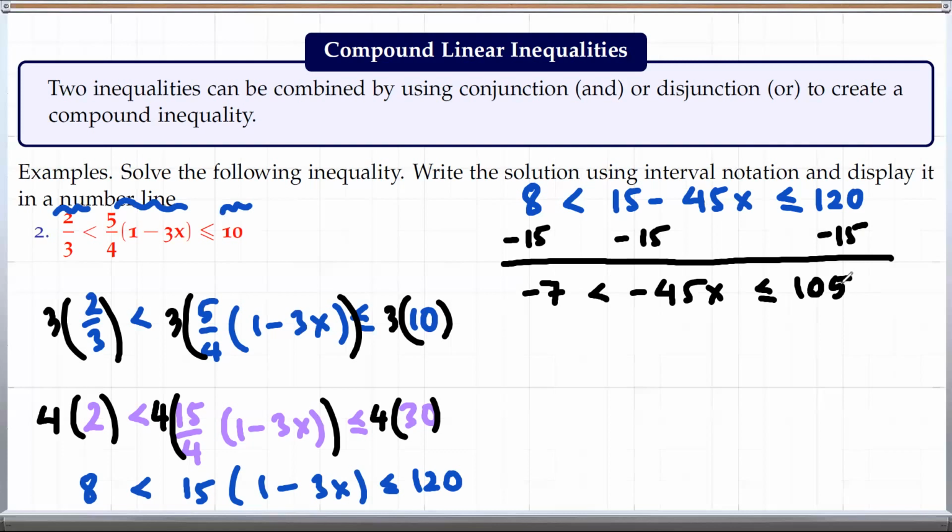So this is what we get so far. We still need to isolate x, so we need to get rid of negative 45. For that, we can divide everywhere by negative 45.